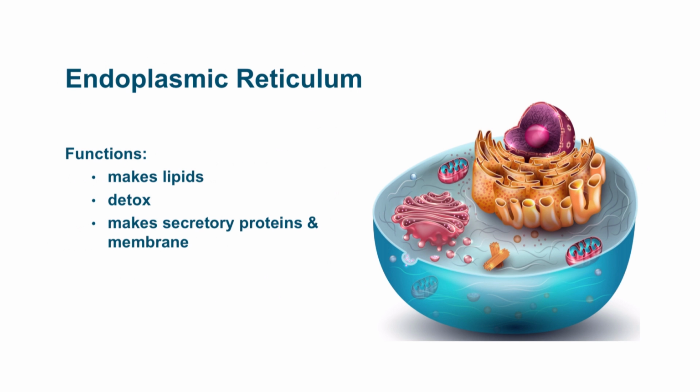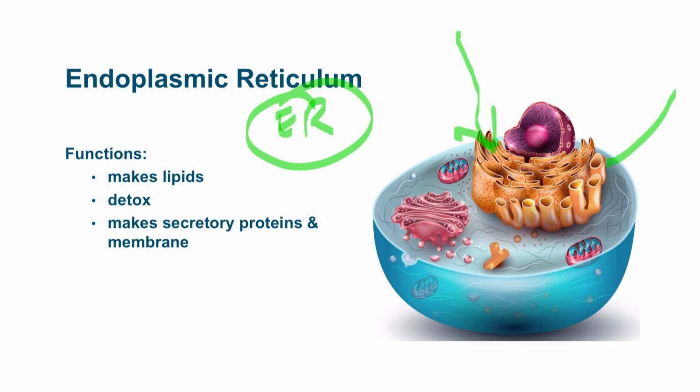The endoplasmic reticulum, or the ER, makes lipids, does detox for the cell, and makes secretory proteins and membranes. The endoplasmic reticulum is this squiggly looking thing here and here. And there are some parts of the ER that have ribosomes attached to them.